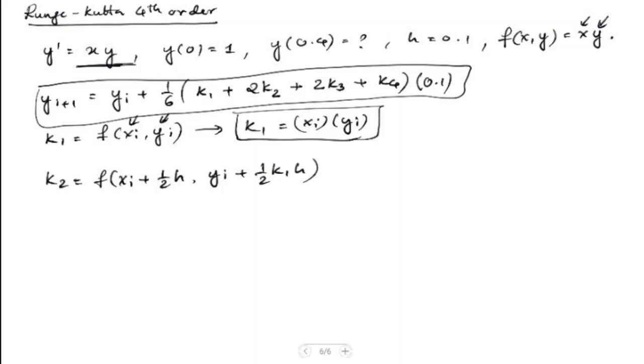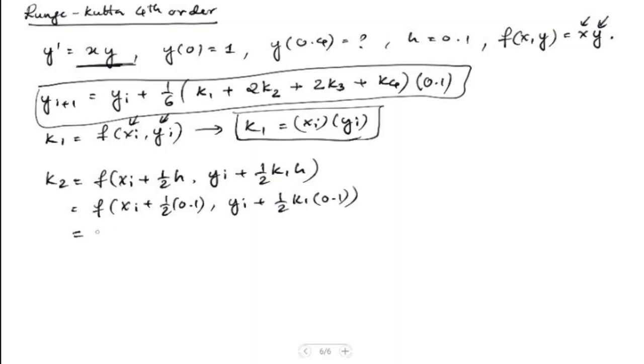So if you replace the value of h by 0.1, we have yi plus 1/2 times k1 times 0.1.